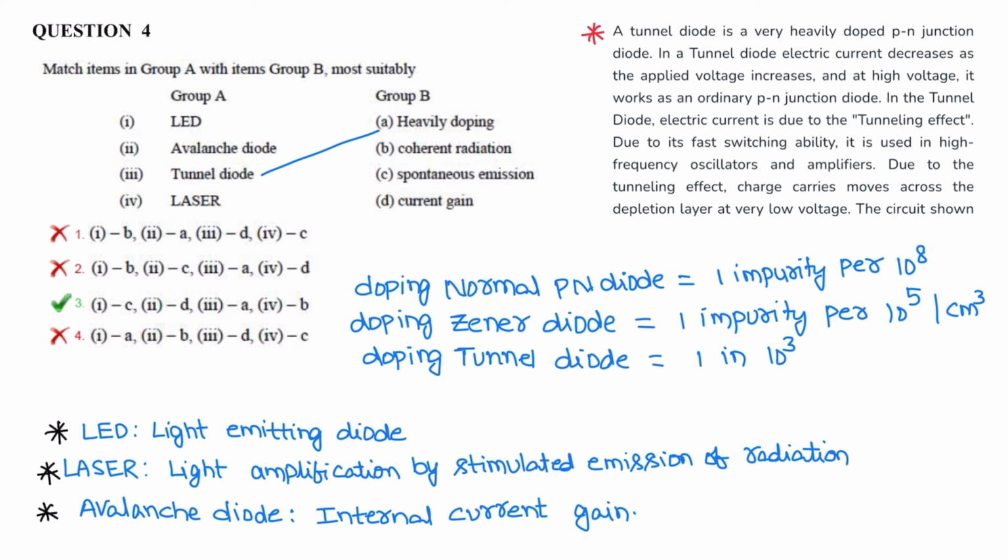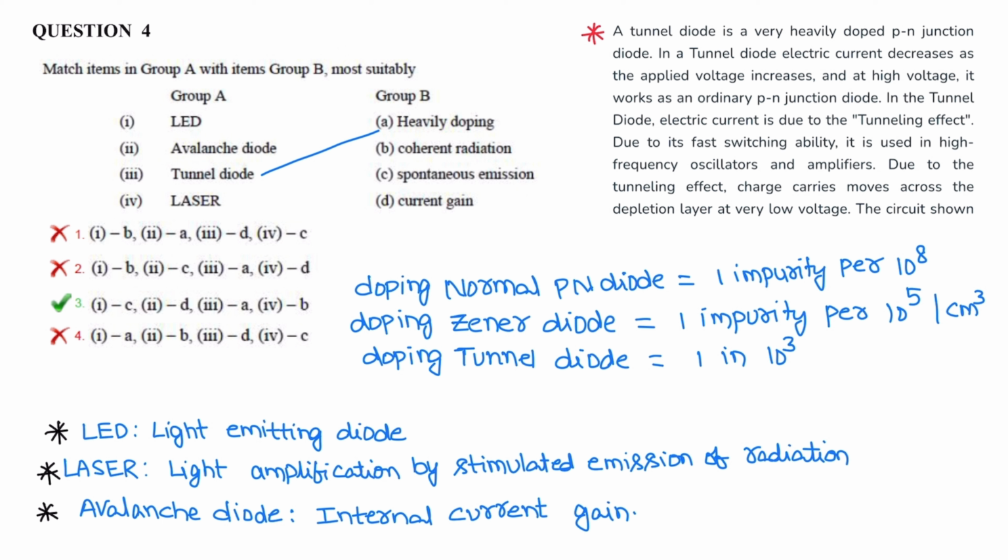Normally the doping in PN junction diode is 1 impurity atom per 10 power 8 atoms per centimeter cube. The doping in Gunn diode is 1 impurity atom per 10 power 5 atoms per centimeter cube. The doping in tunnel diode is 1 impurity atom for 10 power 3 atoms. Therefore tunnel diode is a very heavily doped PN junction diode.